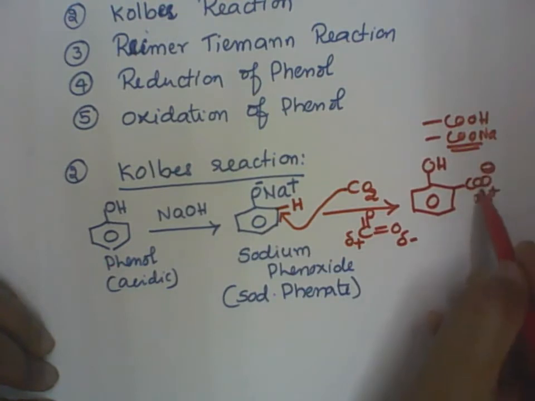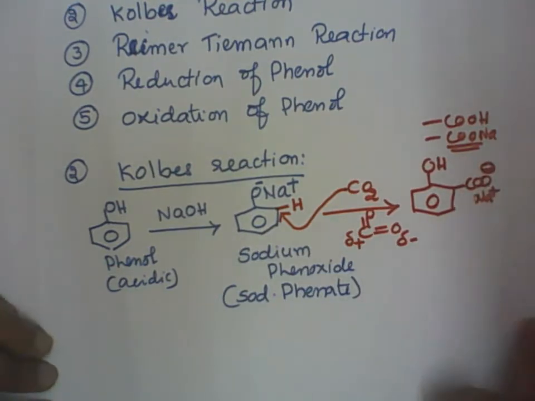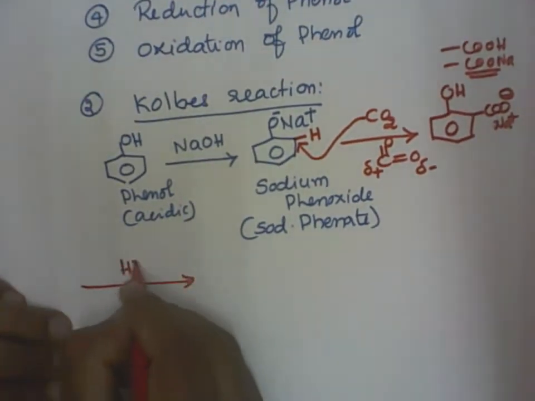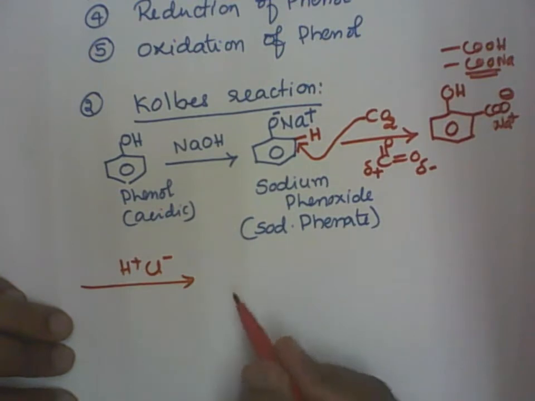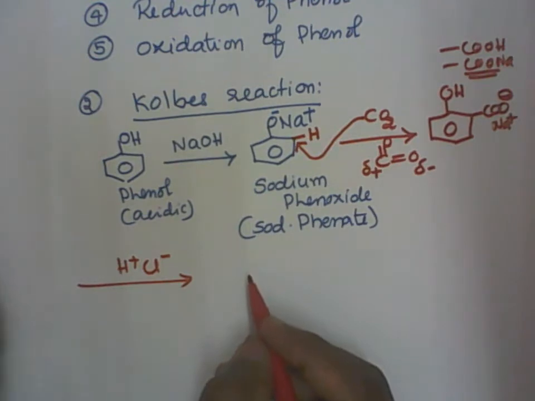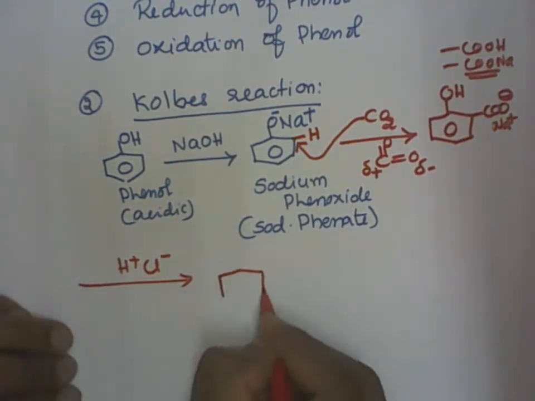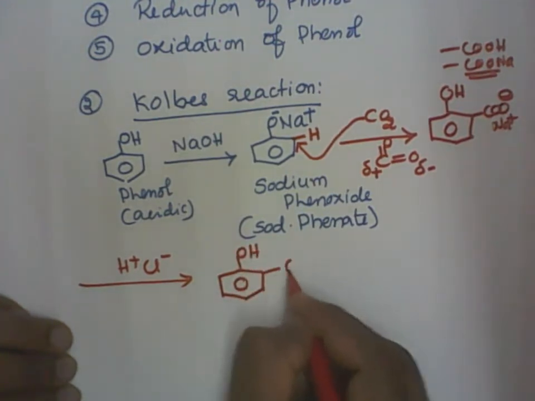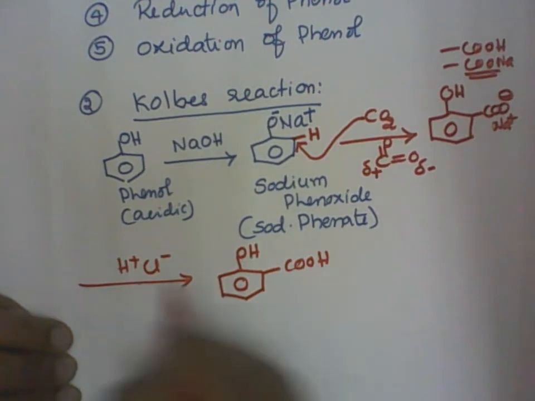Now we don't want this sodium part, correct? Sodium salt we don't want. So what should be done? We need to acidify it. So we can add dilute HCl, or we can add dilute sulfuric acid. Generally, acidification is done using a dilute acid like HCl or sulfuric acid. So we get now a molecule with OH group and COOH group. What is the side product?